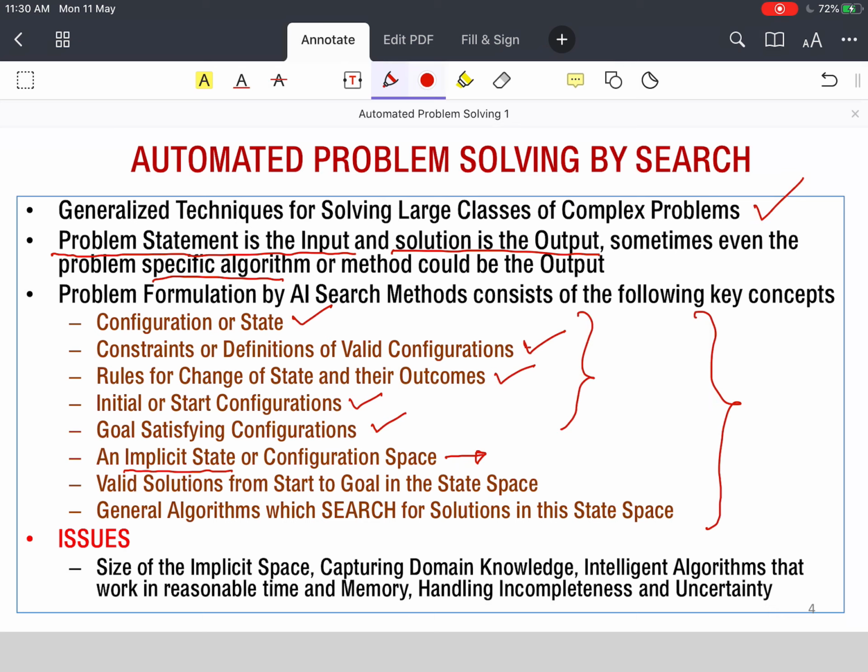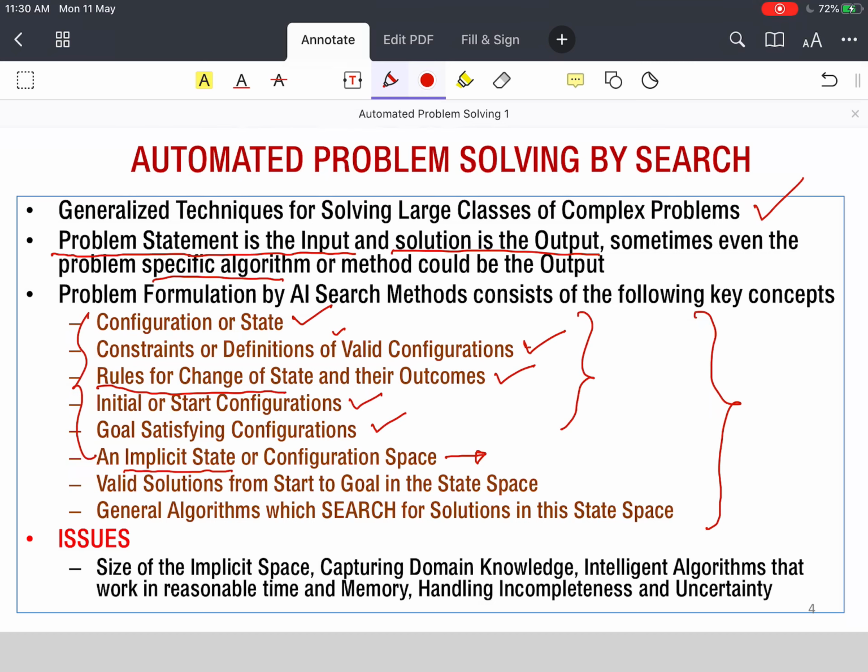The state space consists of all the states in the system, and there is a connection from one state to another state by a valid state transformation rule. This implicit state space is implied by all these items: the rules of state change, the validity rules, and the initial and the goal state.